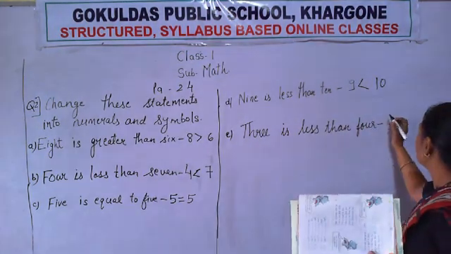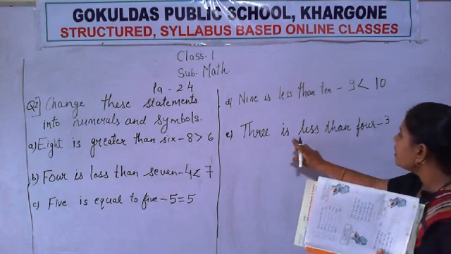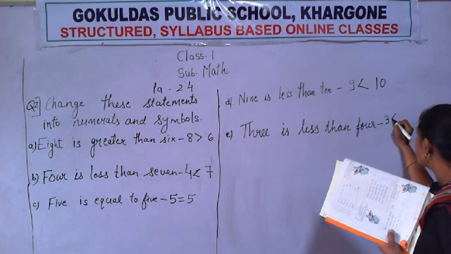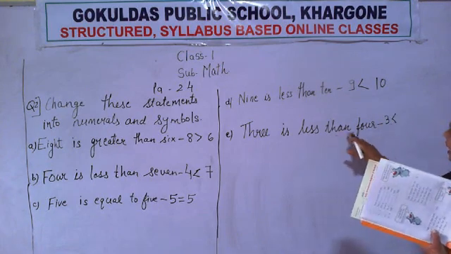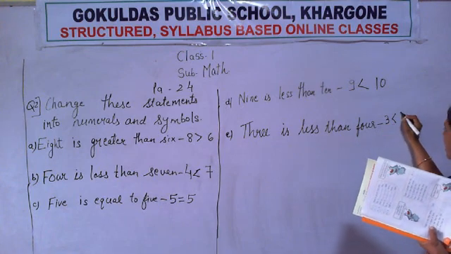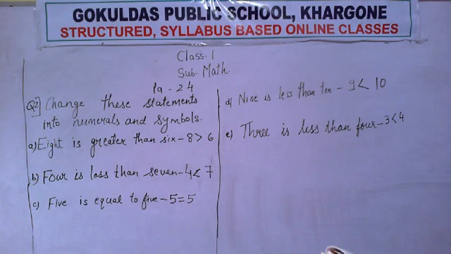THREE is 3. That means you have to write here 3. Now which symbol comes here? Less than. And what is the sign of less than? Like this. Then FOUR is 4. That means 3 is less than, which number will come here? 4. 3 is less than 4.